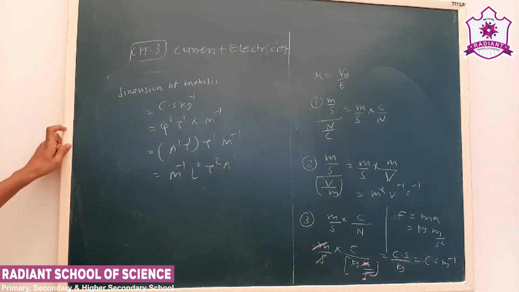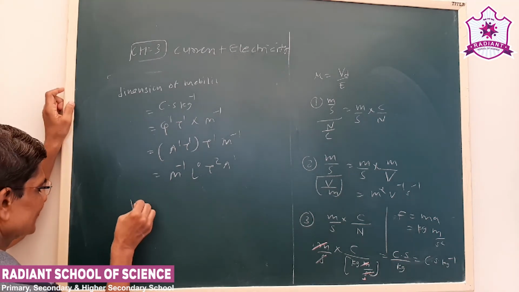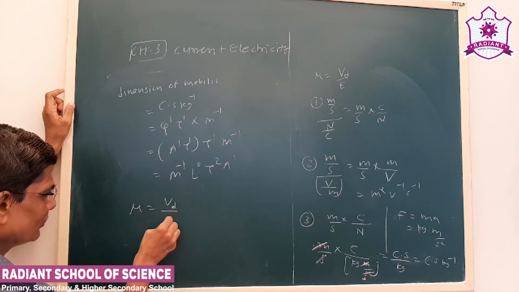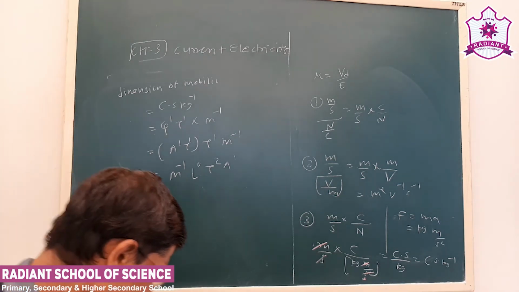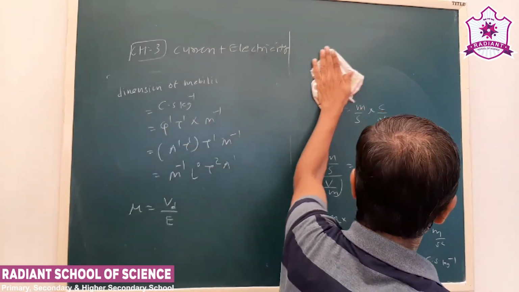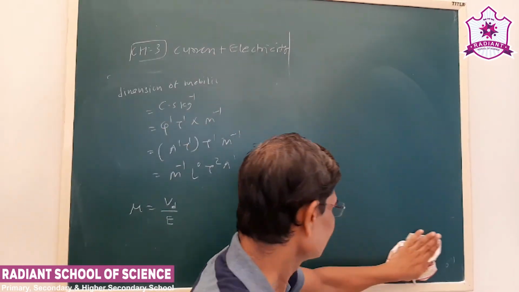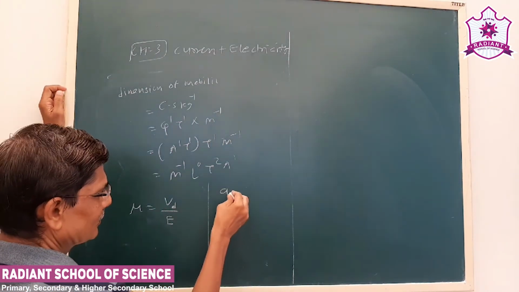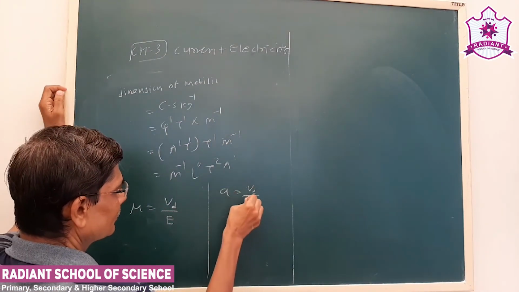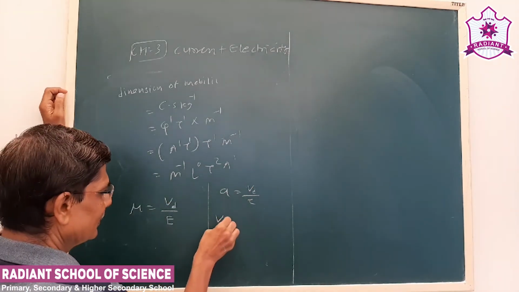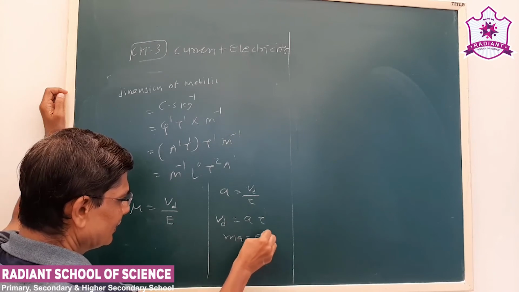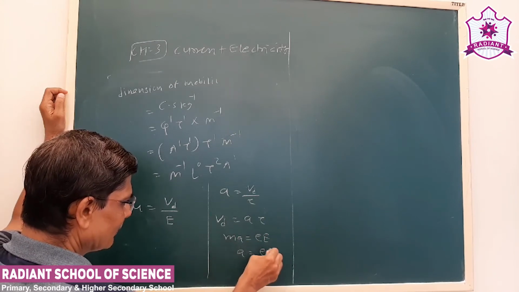Okay, now one more relation of mobility we have to derive. Mu is Vd upon E. Now, just now we have acceleration is Vd upon tau. Vd is a into tau. Now we recall here ma is eE, a is eE by m.